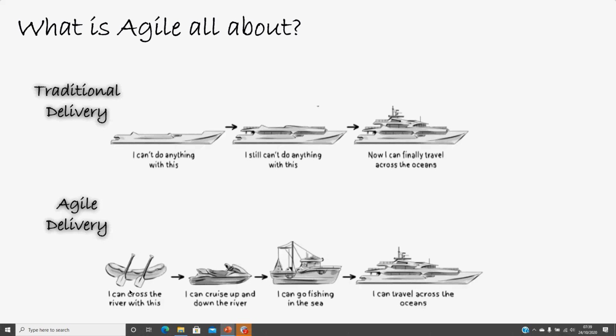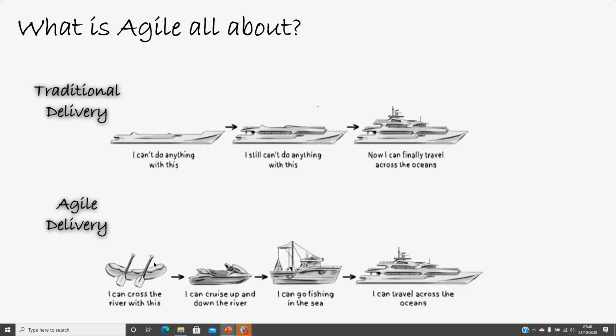Then the raft will convert into probably a motorboat, which could cruise up and down the river, and then it will turn into a big boat which could go around in the sea for fishing, and then finally it will turn into a massive vessel which can transport the containers and people across the oceans.